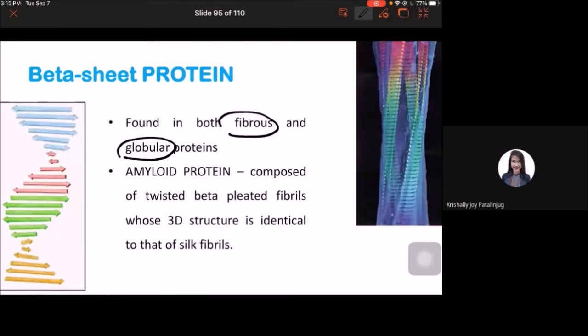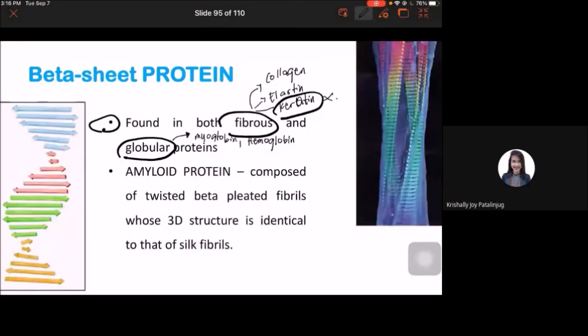Examples of fibrous proteins are collagen, elastin, and keratin. Examples of globular proteins are myoglobin and hemoglobin. I'm just giving examples, but I'm not saying that all of these have beta sheets. The slide only says beta sheets can be found in fibrous types of protein. Most probably elastin has it, since keratin, we said, is 100% alpha helix. In globular proteins, we can find beta sheets, most probably in hemoglobin.